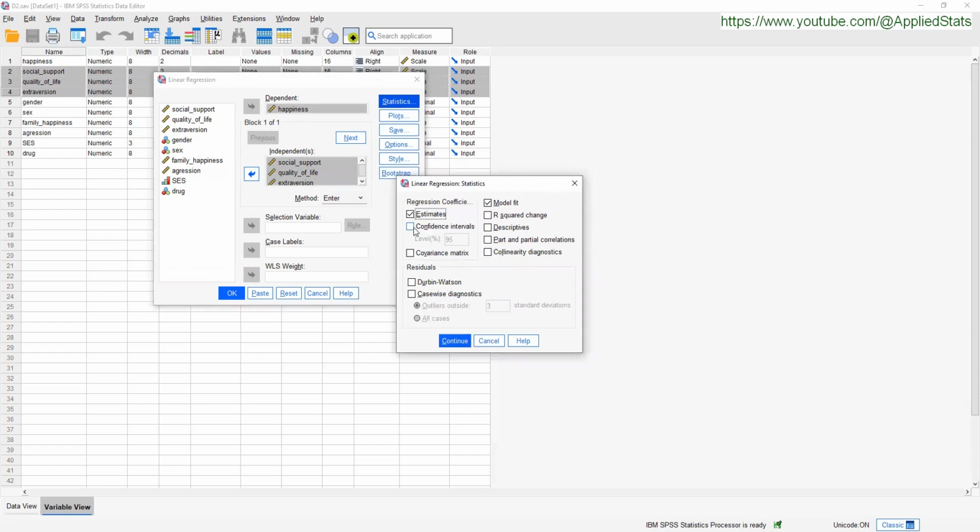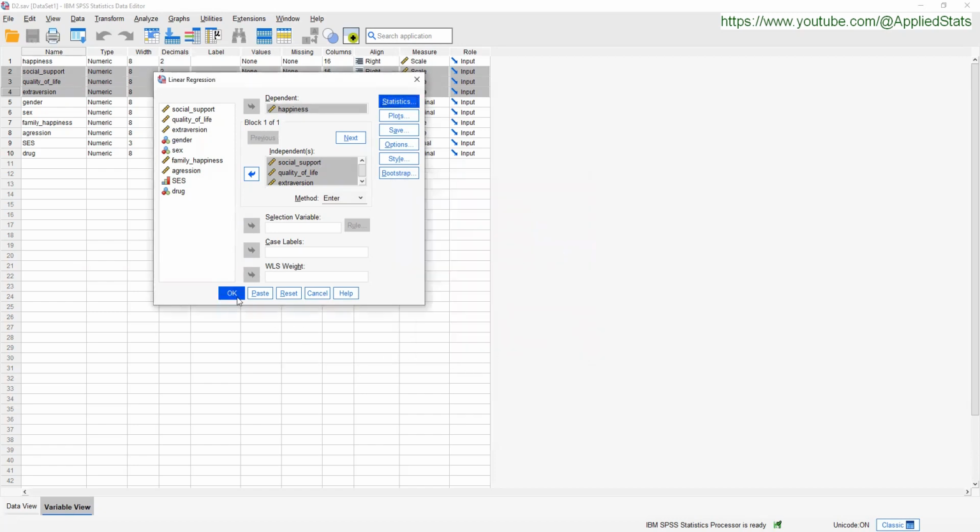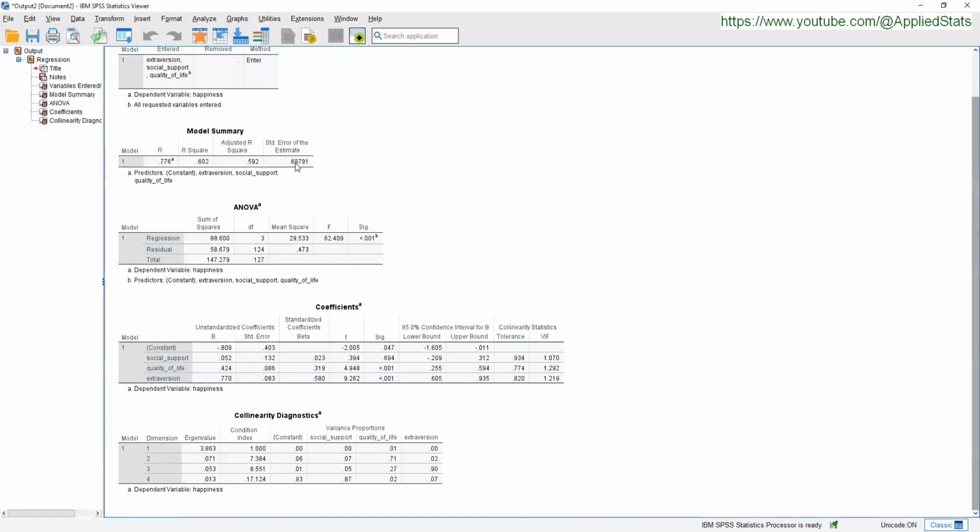In particular, confidence intervals are recommended, so let's get confidence intervals. And also collinearity diagnostics. So just tick this one, and then click on continue. Then click OK. And here are the results.